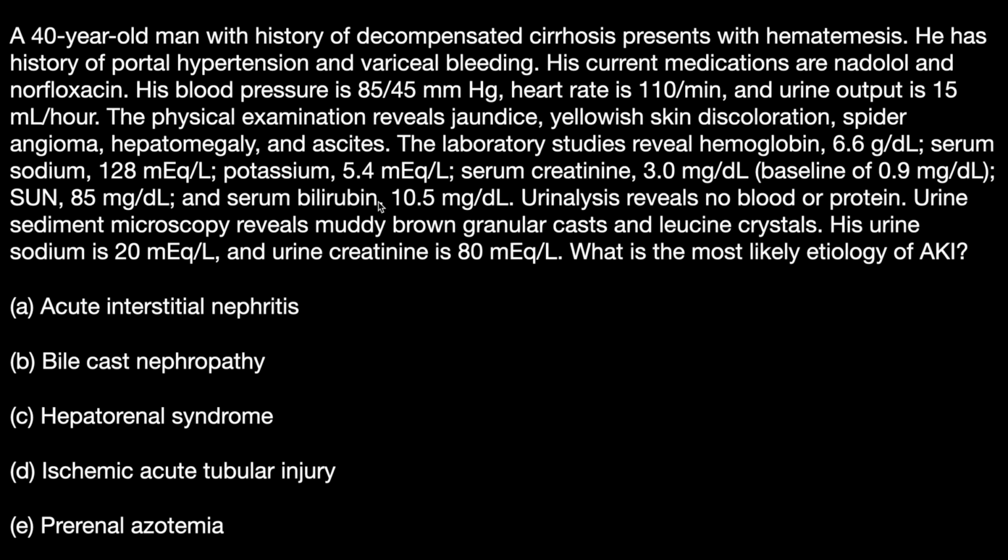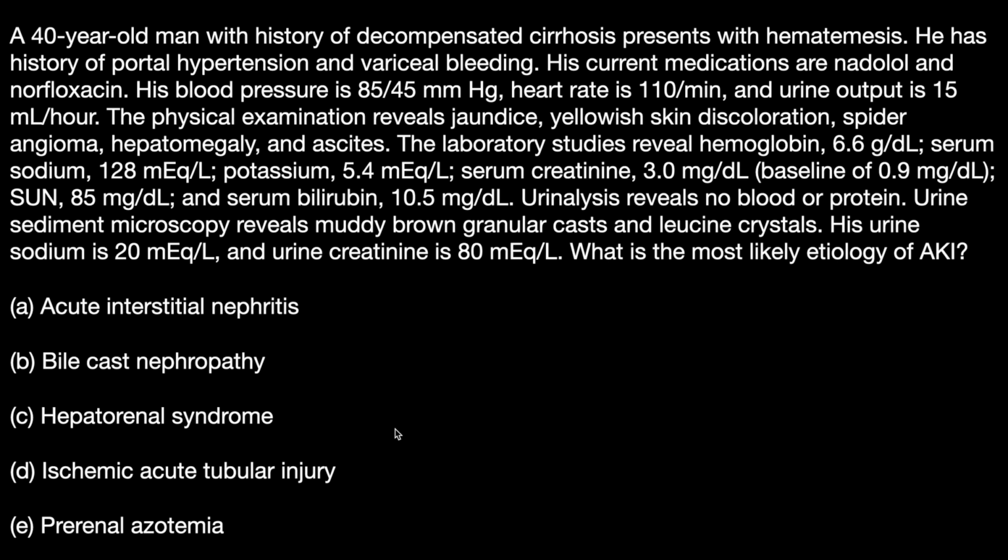With a bilirubin of 10.5, it is unlikely that you will have bilirubin nephropathy, cast nephropathy. The fractional excretion of urinary sodium is 0.58, which is calculated from the urine sodium of 20, the urine creatinine of 80 and the serum creatinine of 3. This does not really rule out the presence of acute tubular necrosis.